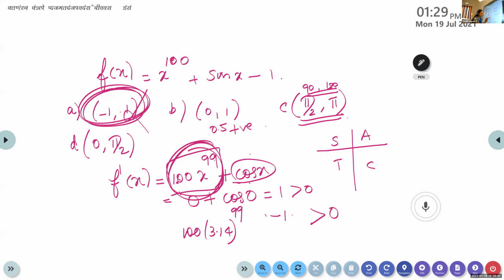And what is the minimum value you will get for cos x? It is minus 1. So 100 raised to minus 1, is it a positive quantity or negative quantity? Positive. So in this case also it is positive.